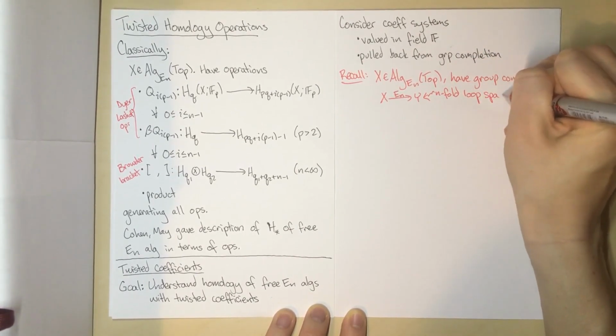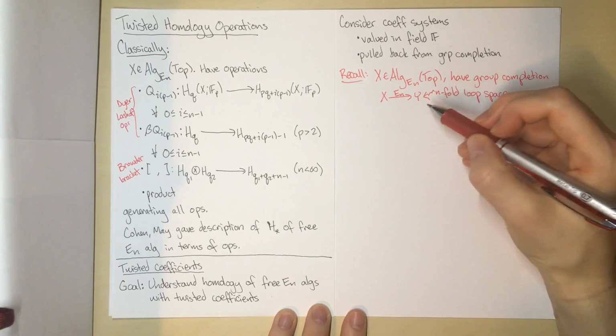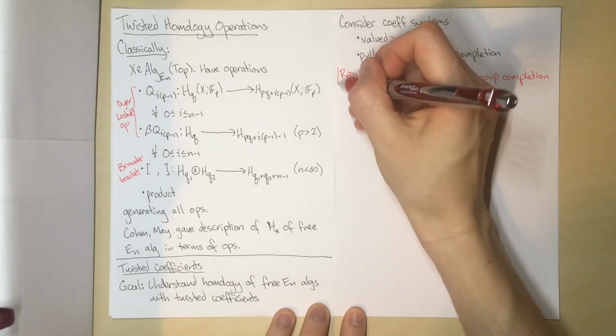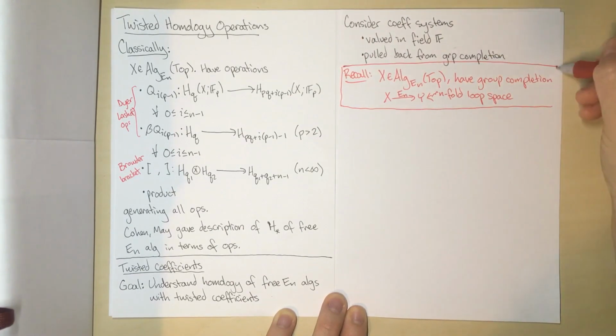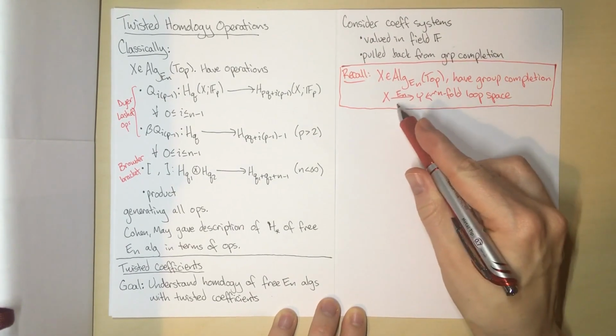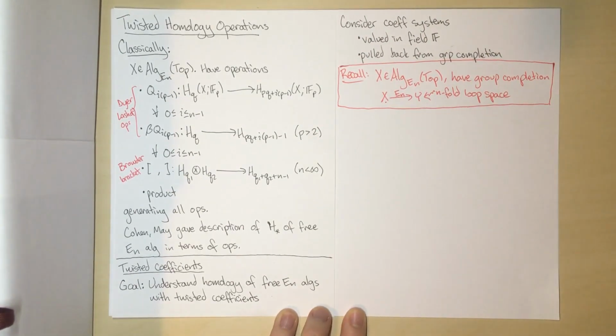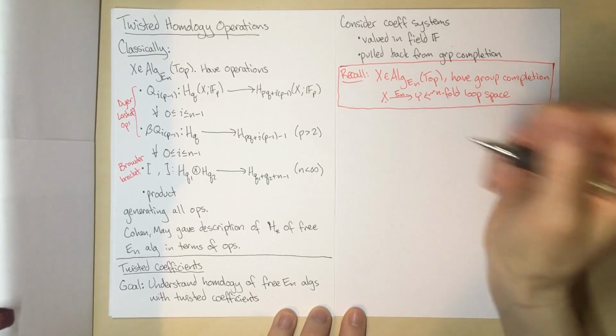So it's very nice to work with Y because things are nice and abelian here. And so if I have a coefficient system on Y, I can pull it back along this map to obtain a coefficient system on X. And I require that all of my coefficient systems arise in this way.